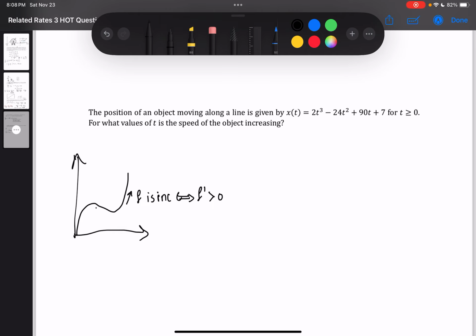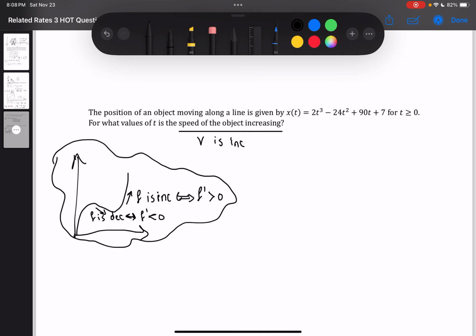And when f is going down, like when f is decreasing, this strictly means that f prime is negative. So when they're telling me that the speed of the object is increasing, they're telling me that the velocity is increasing. But according to the concept I wrote for you over here, if velocity is increasing, that means that the derivative of velocity, which is my acceleration, is positive.